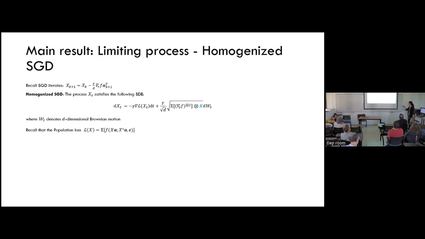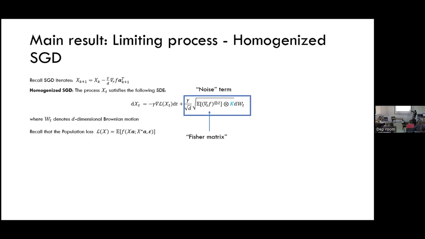And the second part is related to the noise that enters because I'm taking one iteration at a time, and therefore I have the same noise that also appeared in my ODE. So it's related to this Fisher matrix and my covariance structure. And this process is scaled in time such that each iteration of SGD is an iteration in this process.